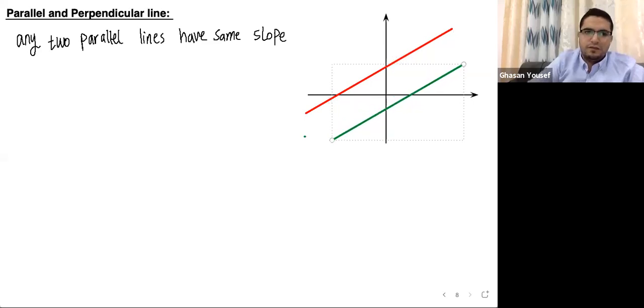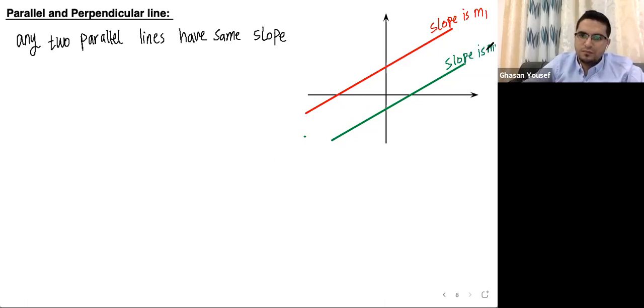If the first one, the red one, has slope m1, and the green one has slope m2, we should know both of the slopes are equal. Here, this sign means both of the lines are parallel.